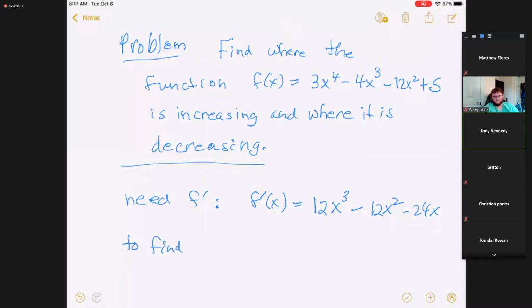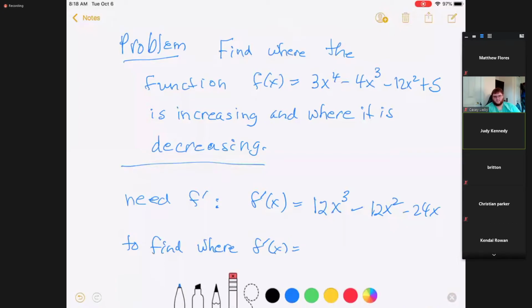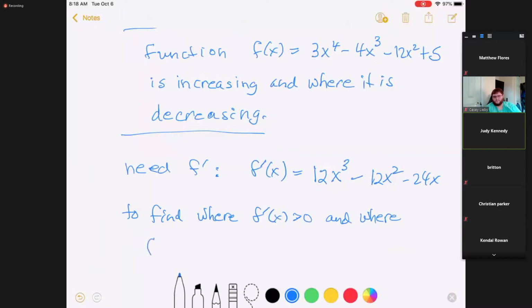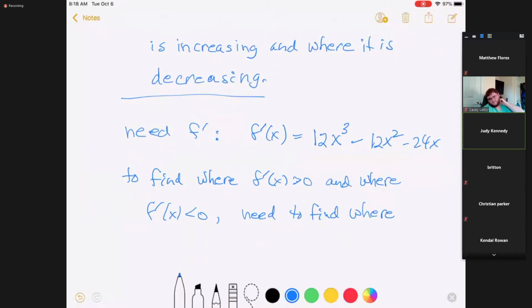So to find where f prime of x is positive and where f prime of x is negative, I need to find where f prime of x is equal to 0 and where f prime of x is not defined.